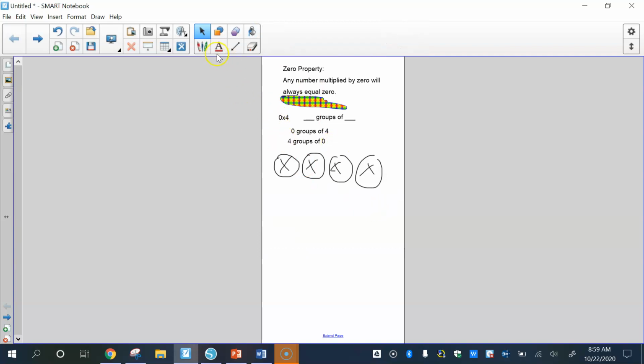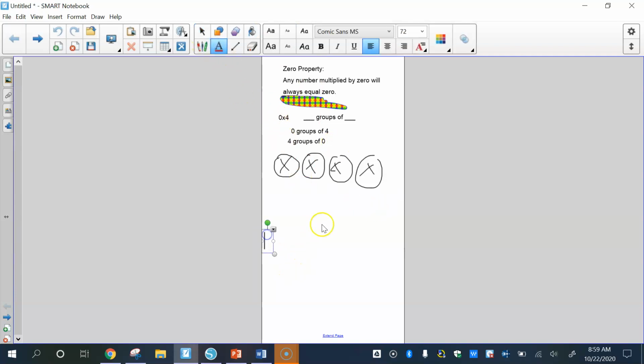Sometimes this whole smart notebook is a little slow. So if I have this number times 0, I would have that many groups of 0, just like over here, and it would equal 0.